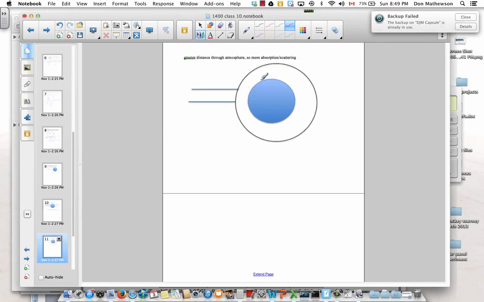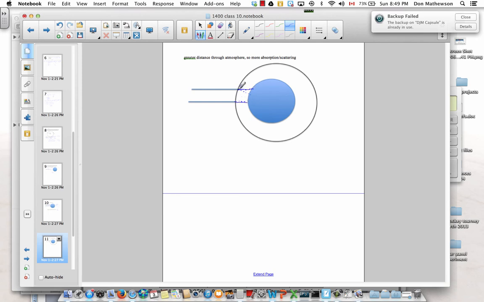Now, again, with latitude, not only do you have that spreading out of the area, but you've also got a greater distance through the atmosphere. So the thickness of the atmosphere, of course, is the same, but here, this is going to be greater than the thickness of the atmosphere. This is just the thickness of the atmosphere.